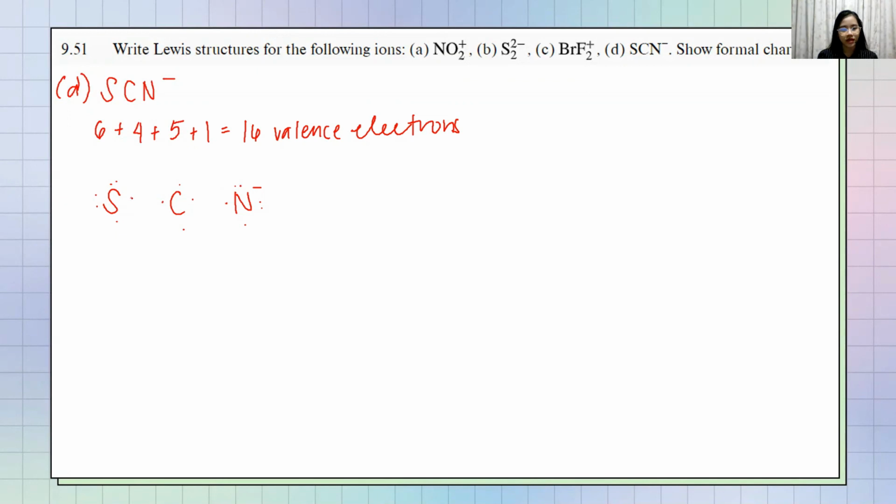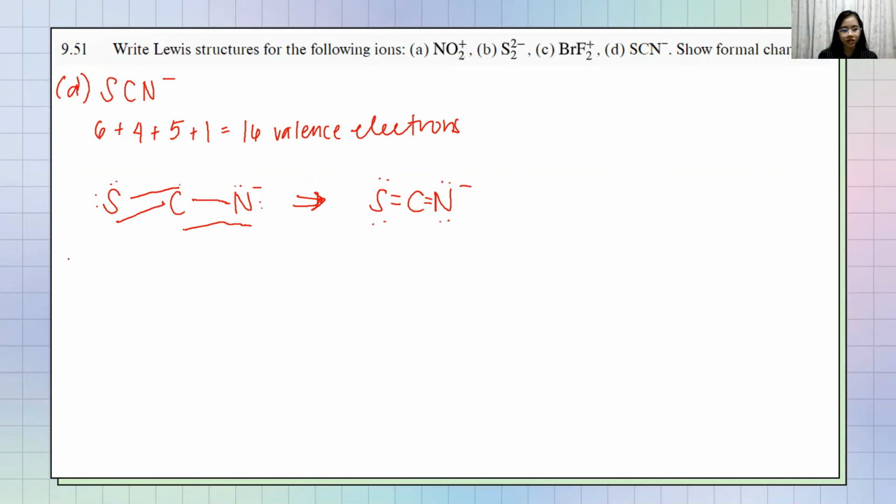So connect. So this is the Lewis structure of SCN negative, SCN. Don't forget the lone pairs and the charge.